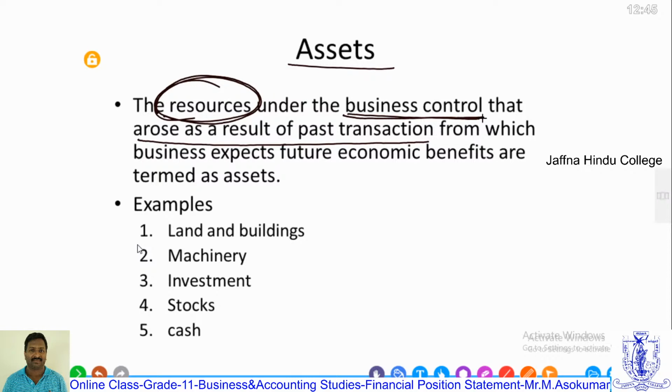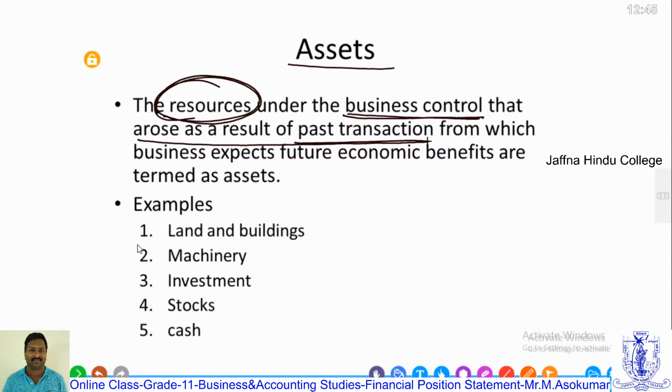Assets arose as a result of past transactions. Past transactions mean the transactions that create these elements. The past transaction is an exchange of resources already conducted by the business with various parties. For example, the owner introduced capital of rupees 500,000 into the business.